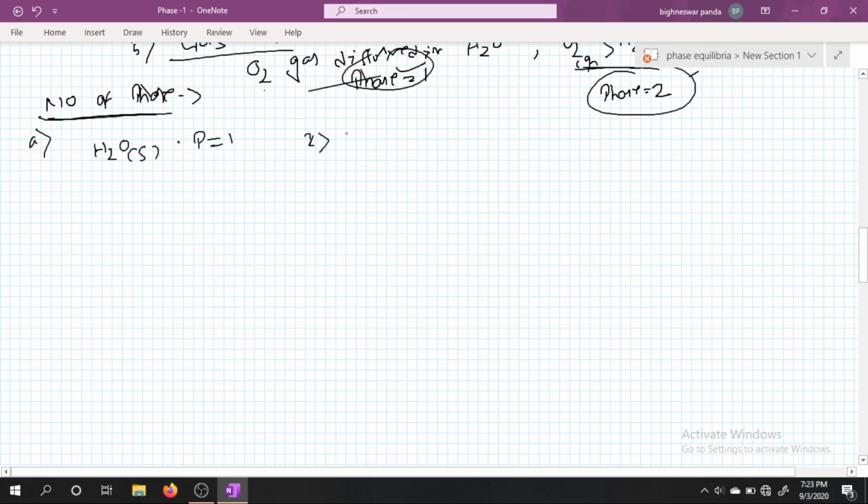If we are considering H2O liquid, here also phase equal to 1. If H2O solid is in equilibrium with H2O liquid, that means solid and liquid, phase equal to 2.